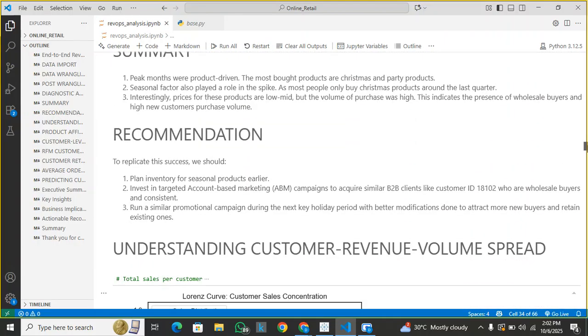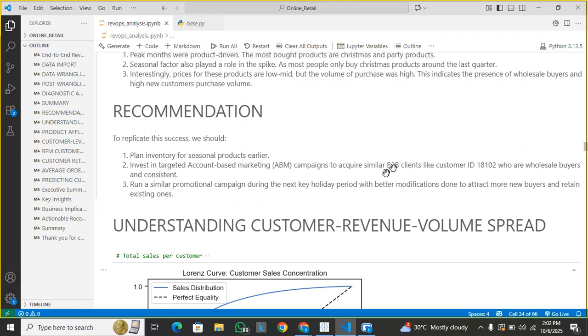So the recommendation after the findings is that the success should be replicated by planning inventory for seasonal products earlier, invest in targeted account-based marketing campaigns to acquire similar B2B clients like customer 18102, which is our highest spender in the peak months, who are wholesale buyers and consistent.